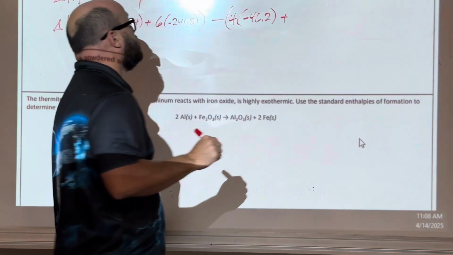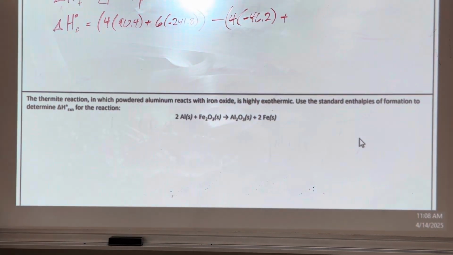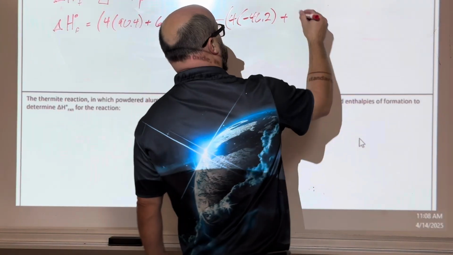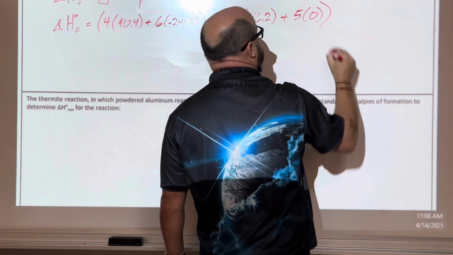Plus 5 oxygens. How many is that going to be? We'll write it just so that you're not confused, but it's a pretty easy math calculation. 5 times 0.